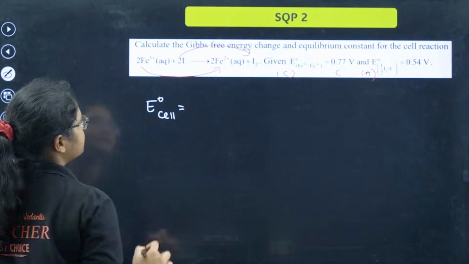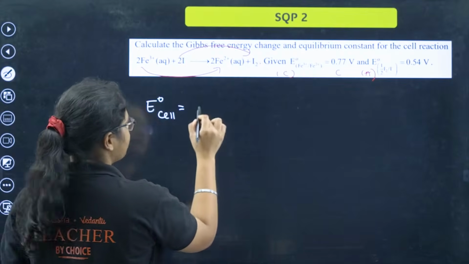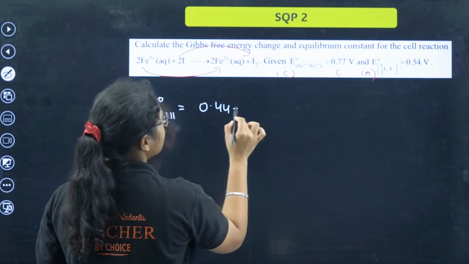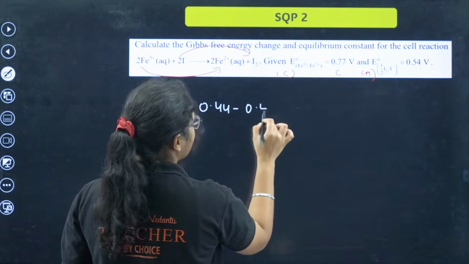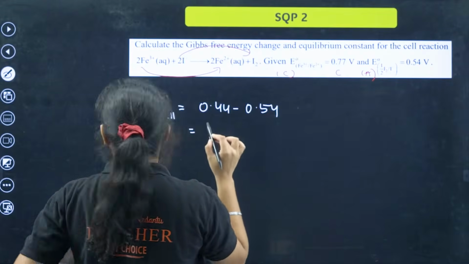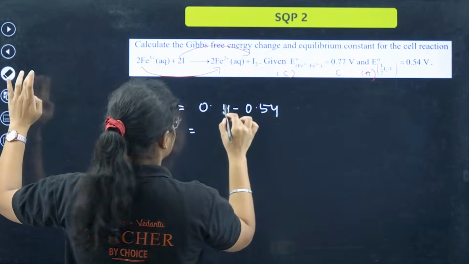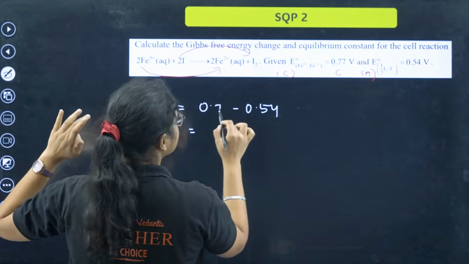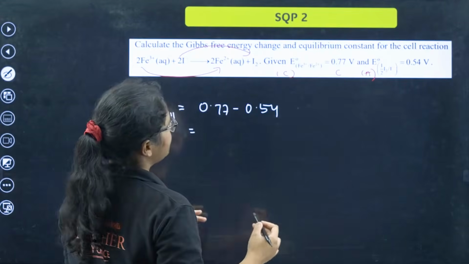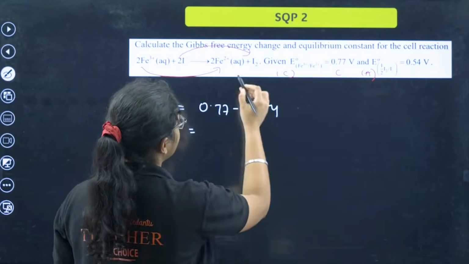E naught of the cell is E naught of cathode minus E naught of anode. So 0.77 minus 0.54 I'll get.